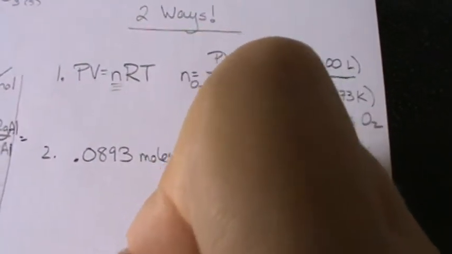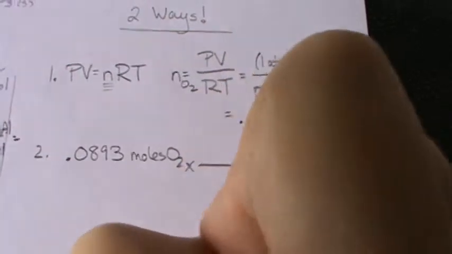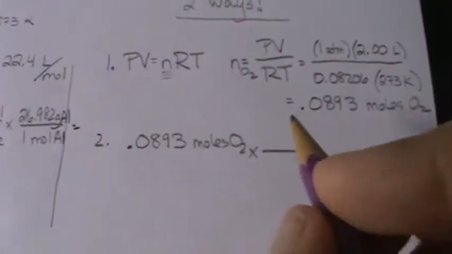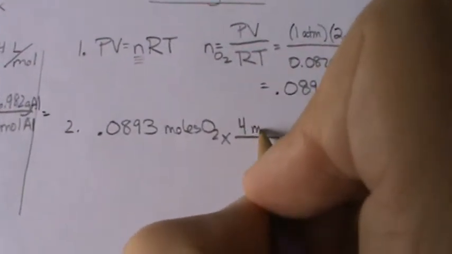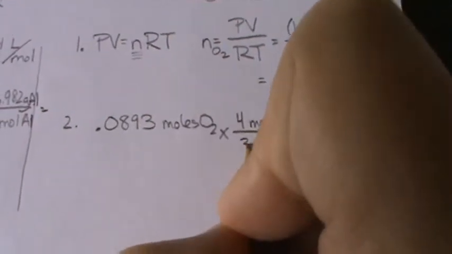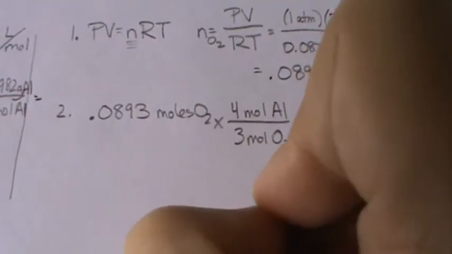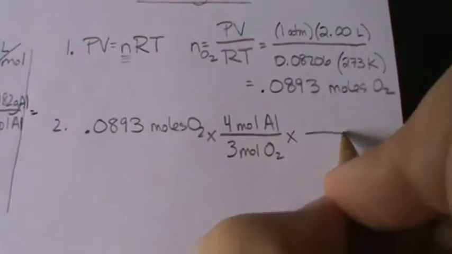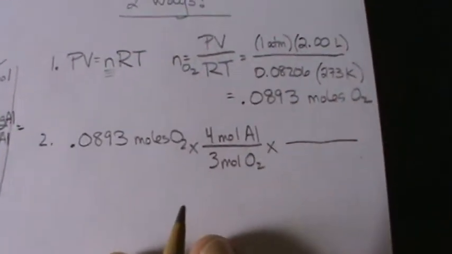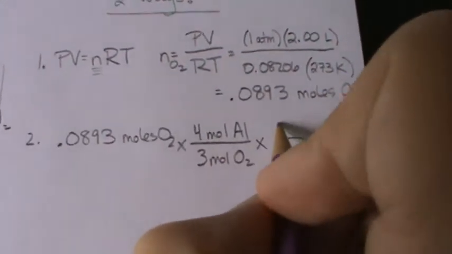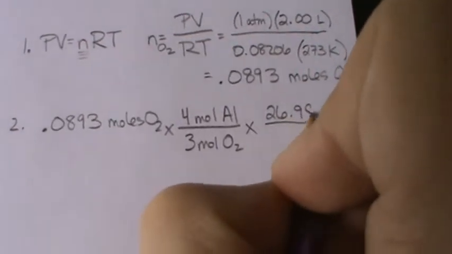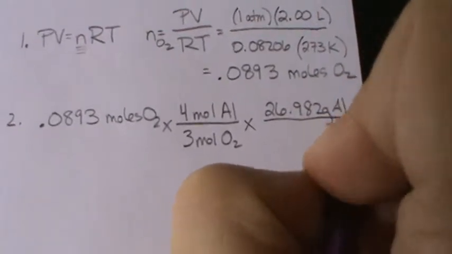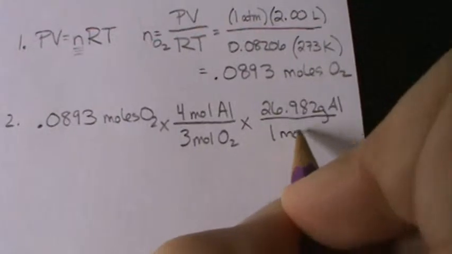So I say, okay, I have 0.0893 moles O2. Now it's going to look the same as what we have over there, which gives me 4 moles of aluminum for 3 moles of O2 times 26.982 grams of aluminum per mole of aluminum.